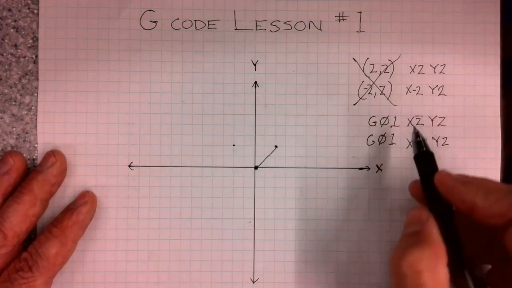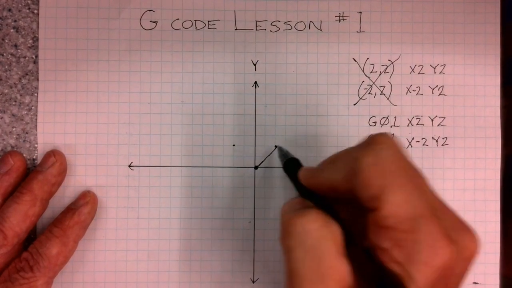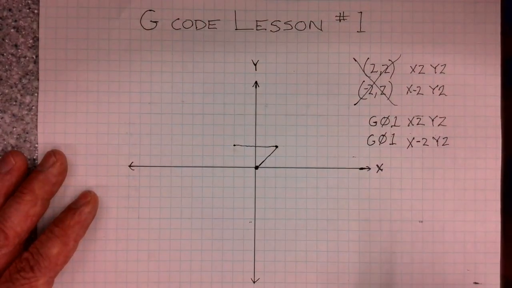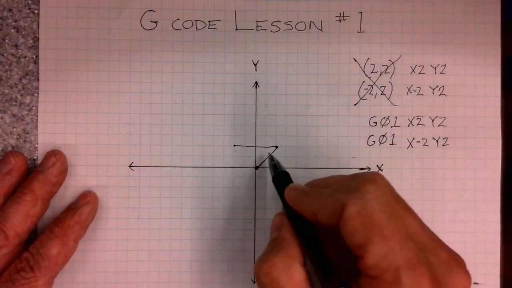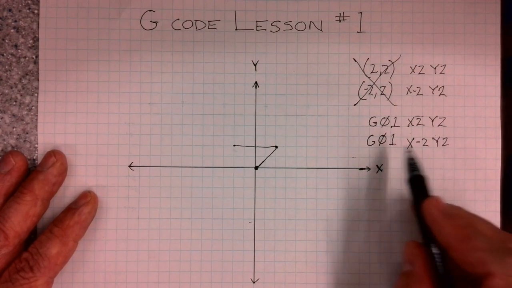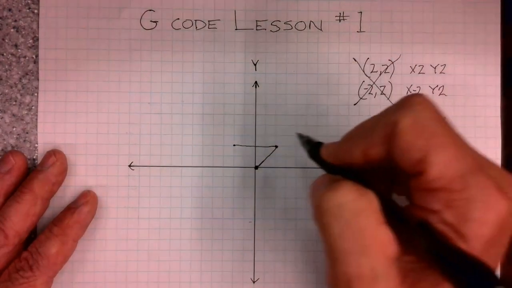And then these two lines of code, the machine would go from here to here, and then from here to here. So right now, all we're focused on is straight lines. G01 is a straight line. And if we give it a location, the machine will move there.